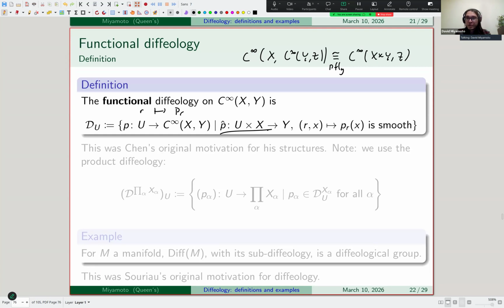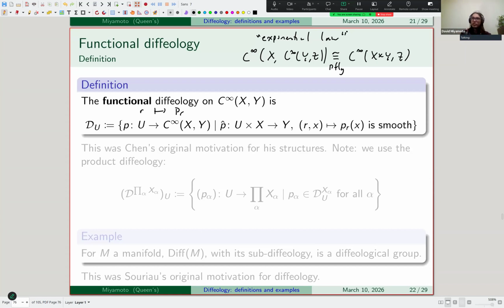It's kind of built into the definition of plot. And this is the exponential law, which is what makes the category Cartesian closed. So this fact being true is what it means to be Cartesian closed, and what it means to contain function spaces. When you put infinite dimensional manifold structures on these, even outside diffeology, this equivalence is desired.